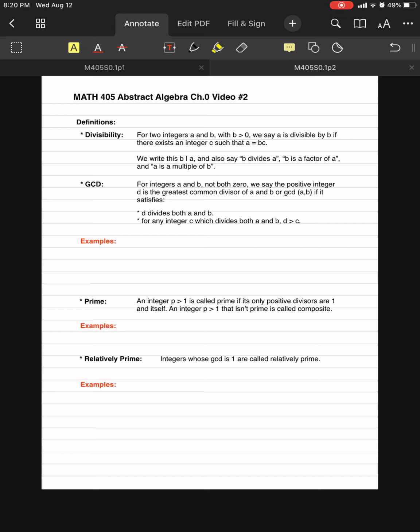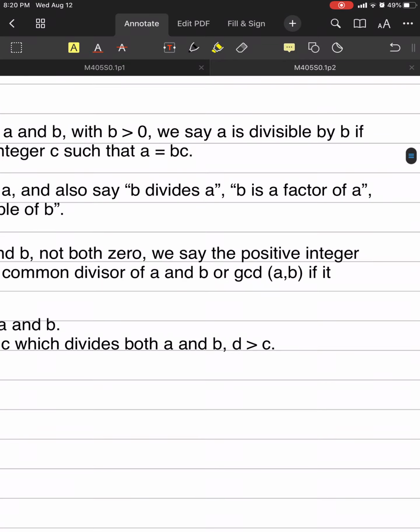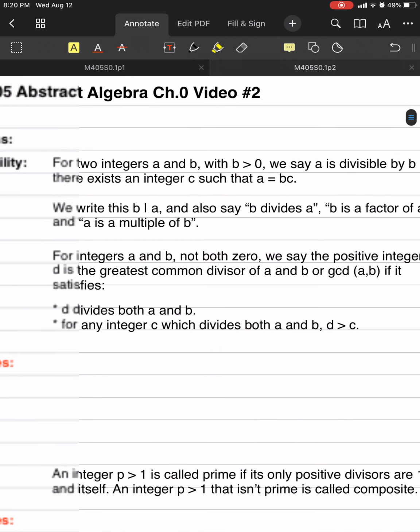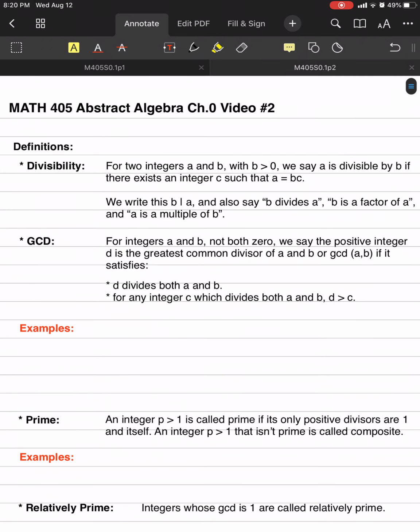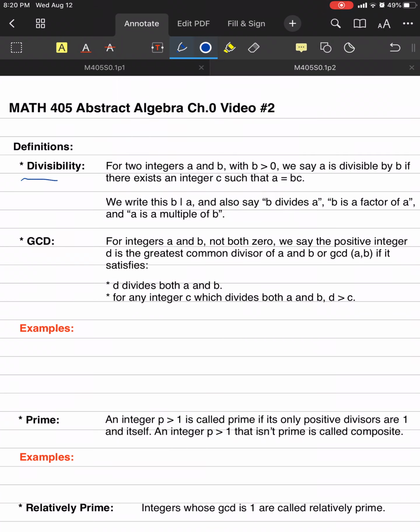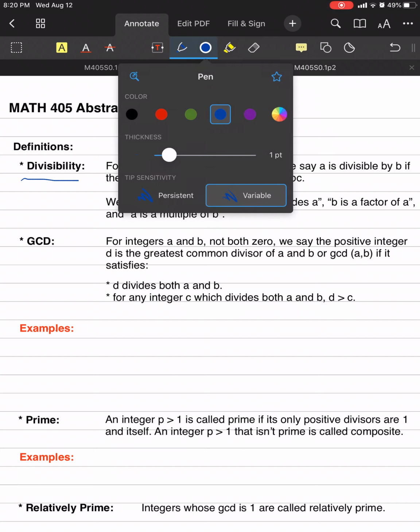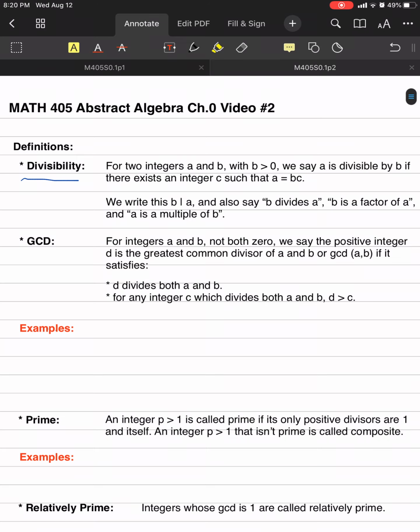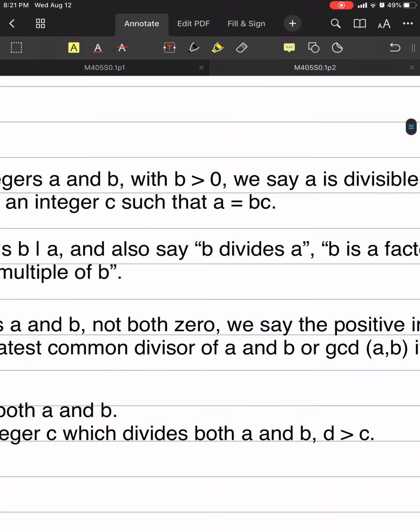In any event, let's go ahead and start off by looking at divisibility. I'm going to zoom in as much as I can here for divisibility. There. Okay. So what we're going to look at first is divisibility right here. Oh, and I do have to make one minor adjustment here, so let's do that.